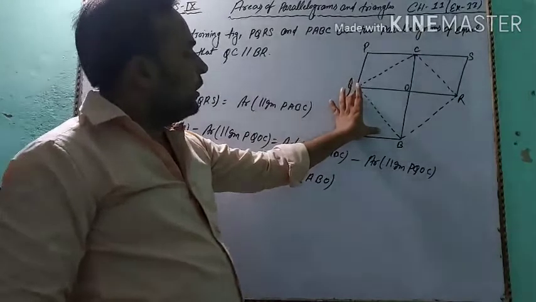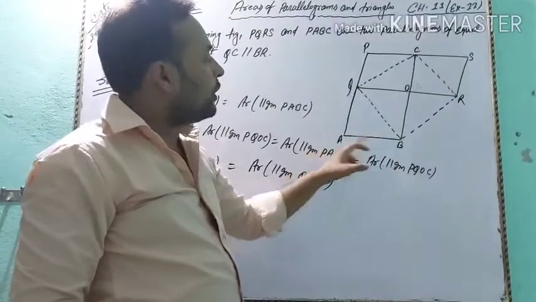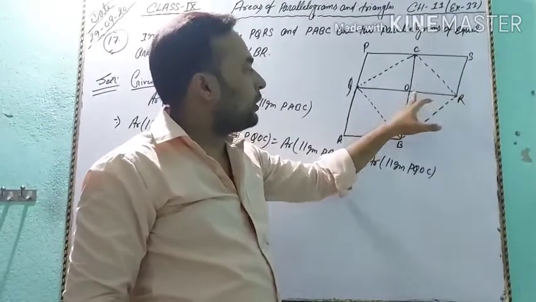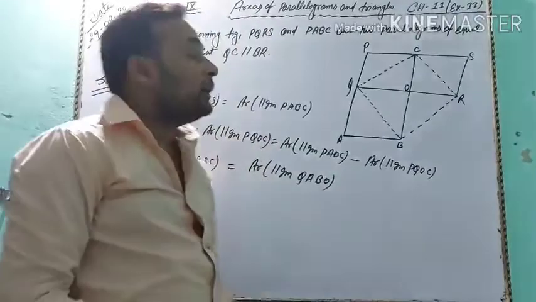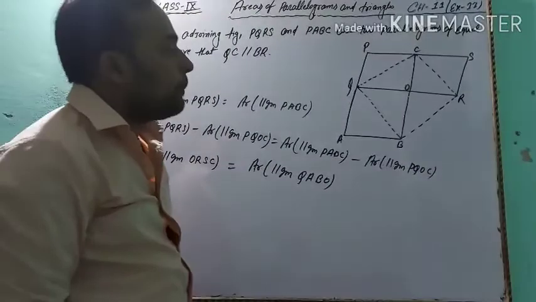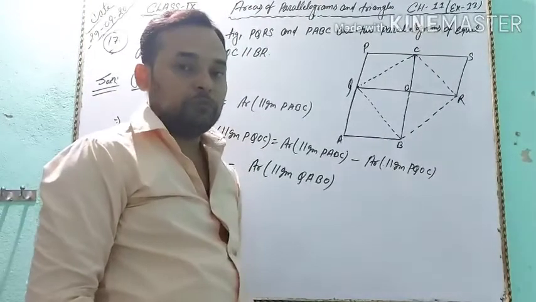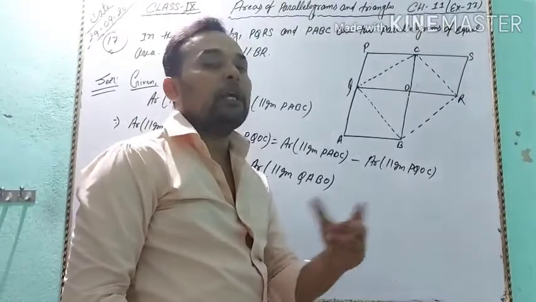QB is the diagonal of parallelogram QABO and CR is the diagonal of parallelogram ORFC, and we know that the diagonal of a parallelogram divides it into two triangles equal in area.